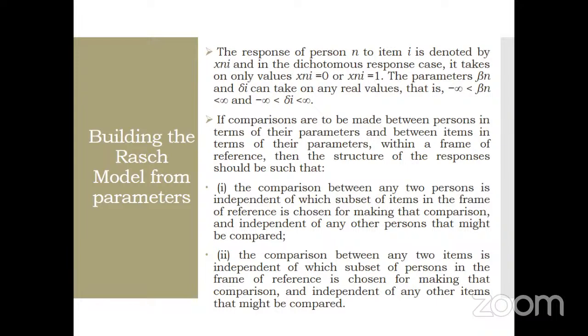Dichotomous response means yes or no, either correct or incorrect. So the response of any one particular person to a particular item can be either 0 or 1, isn't it? Is it making sense to all of you?